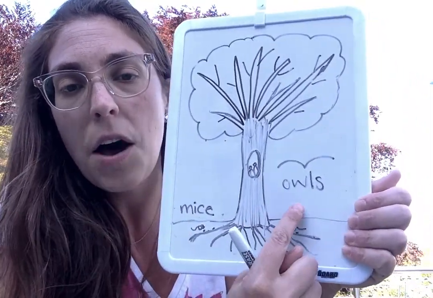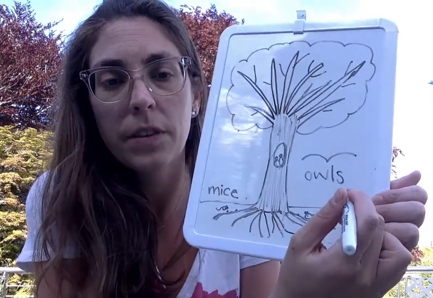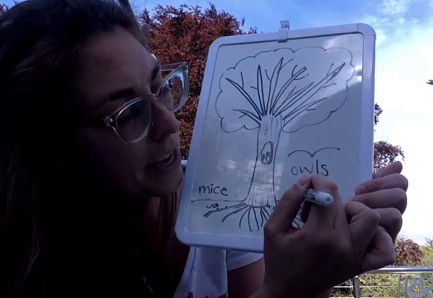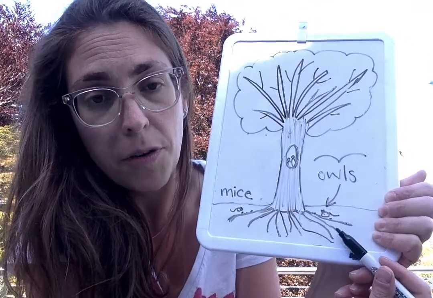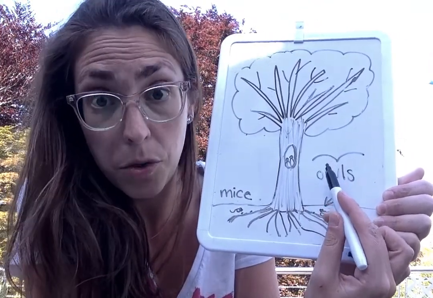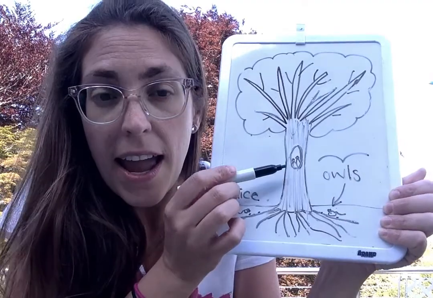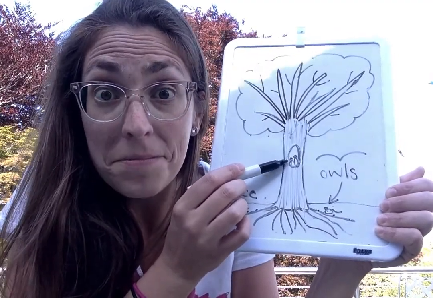So you can see the owls eat the mice, which get their food from the tree. So the owls also depend on the tree for food and for a home because they live in that hole. So they get a different food from the tree, but it's still food. So far, mice depend on the tree for food, and owls depend on the tree for food.